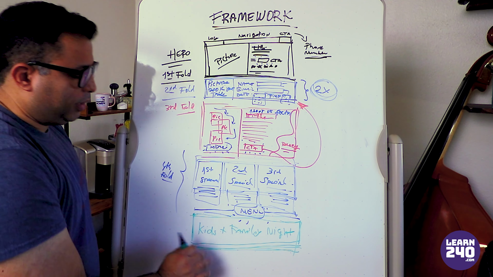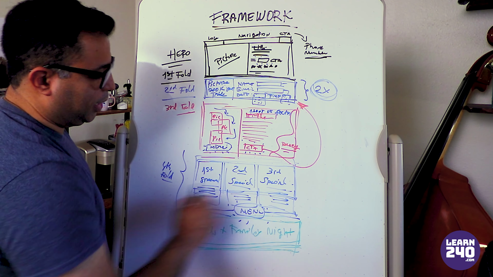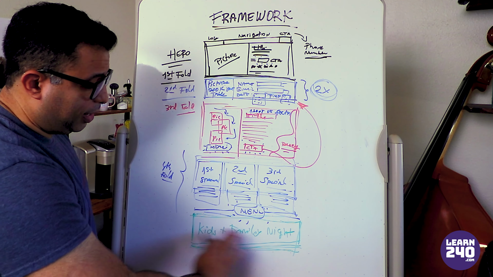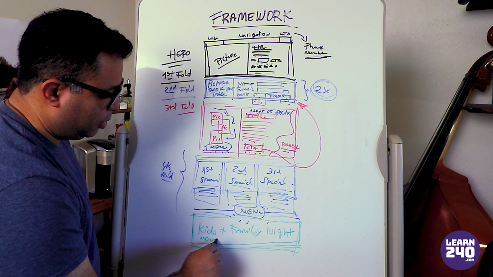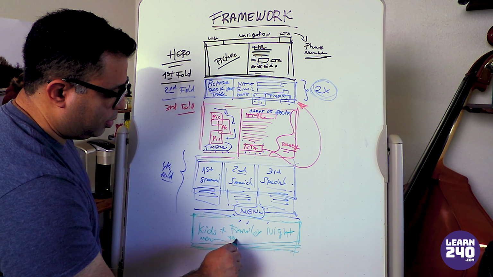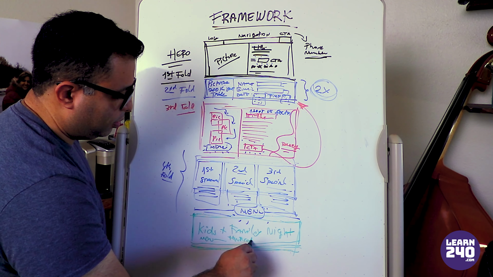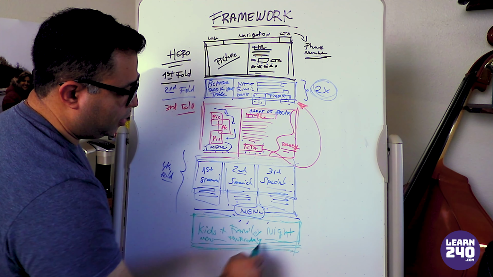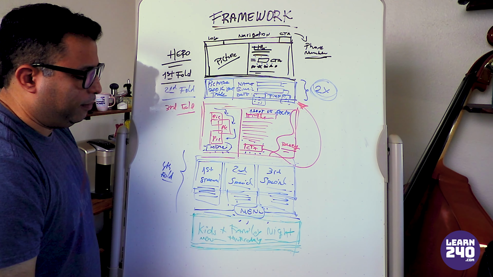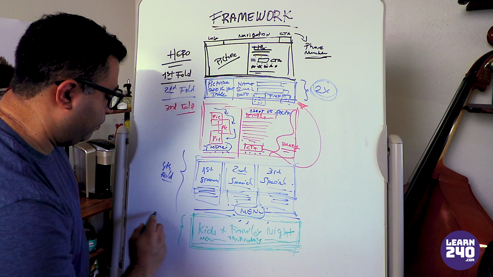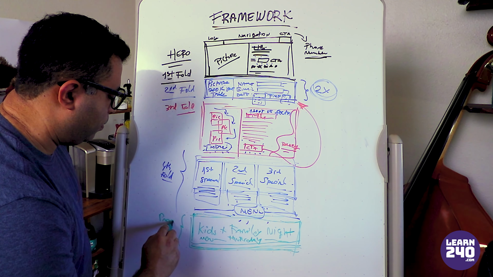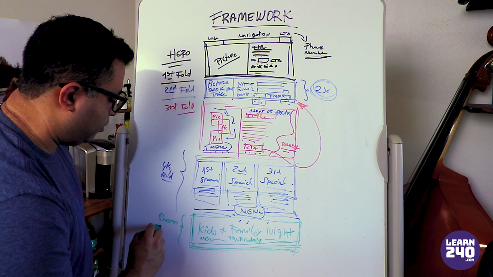So we have a banner saying kids plus family night, and right down below we're going to have Monday to Thursday, a special, and so on. So this is a promotional banner.